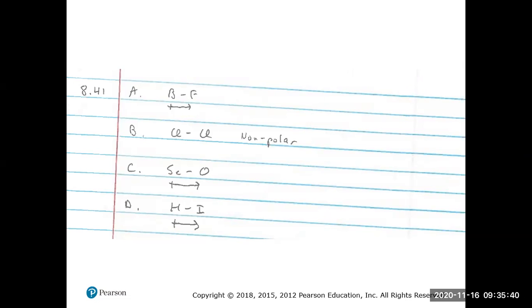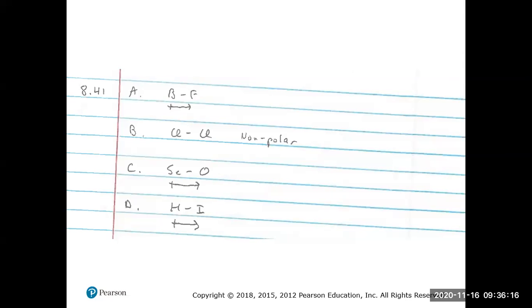Remember, when we use this way of drawing it, the more electronegative atom has the arrow going towards it, and the least electronegative atom has the plus on it. Chlorine, chlorine, whenever you have 2 atoms that are the same thing like that, that's always nonpolar, okay? So the fact that we have 2 chlorines, it's the same atom, the electronegativities are exactly the same, so it's nonpolar.